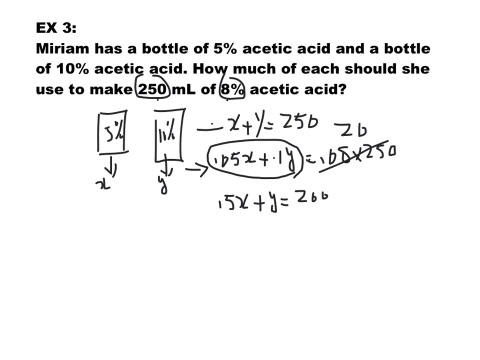Now if you look at this equation and this equation, you can see that I can subtract them and get rid of y. So if I subtract the second equation from the first equation, I get x minus 0.5x, which is going to give me 0.5x. Y minus y gives me 0. And 250 minus 200 gives me 50.